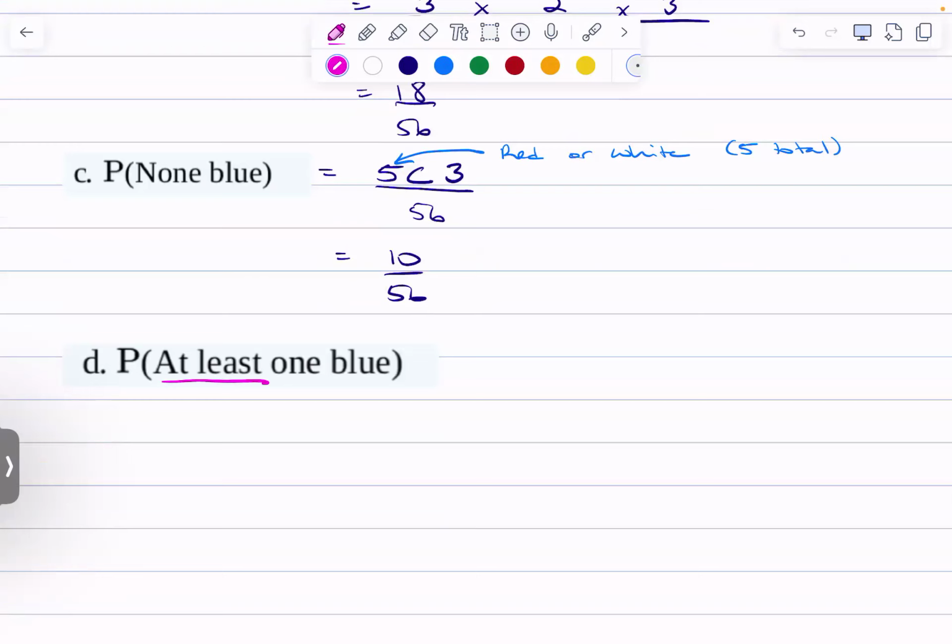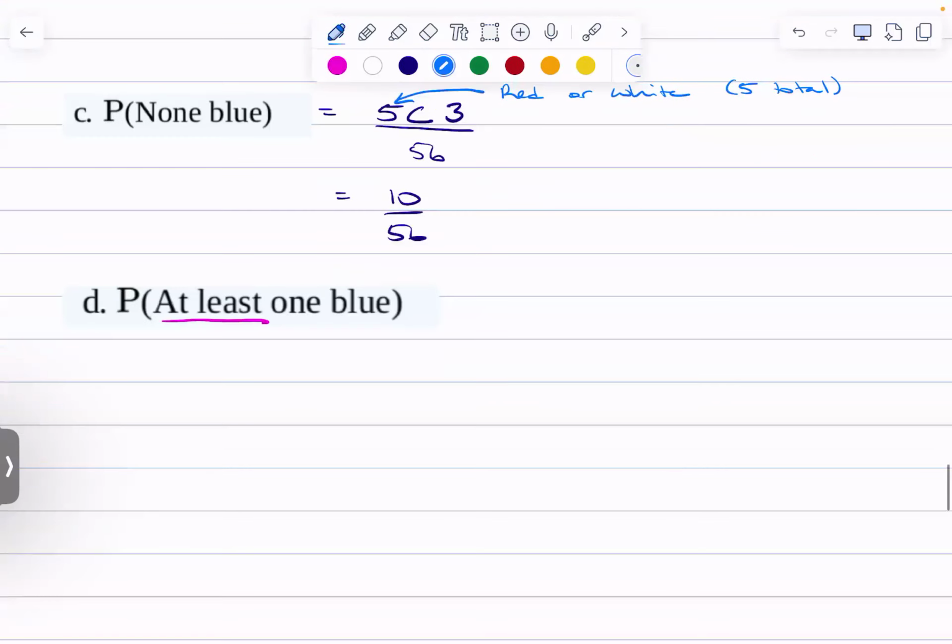Okay, so my go-to trick is as soon as I see at least, I usually don't want to do that directly. Because we can think of it as, okay, so at least one blue is one blue and two non-blues.